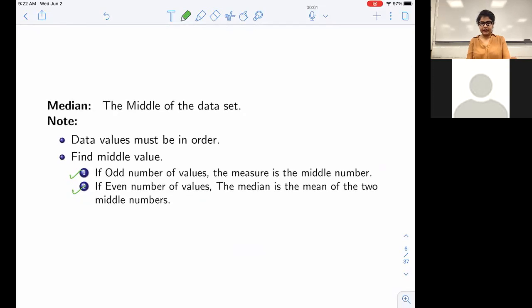If it is even, you cannot find exactly the center of the values. For instance, if you have 8 values, there are 4 values on the right and 4 on the left, but no center. In that case, you take the middle two values and find their average. So you find the mean of the two middle numbers if your data has an even number of values. Here is an example.